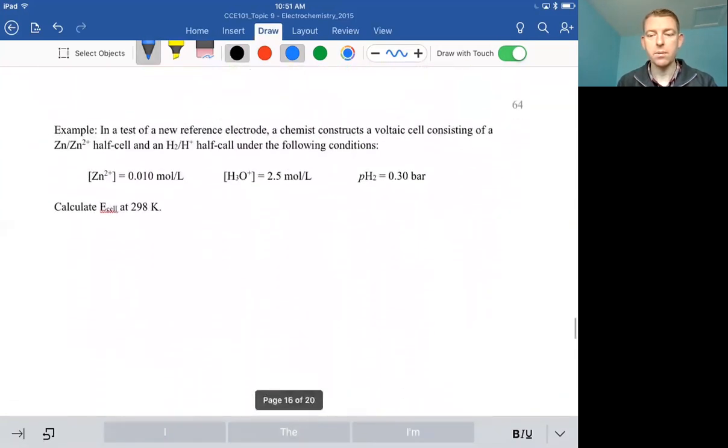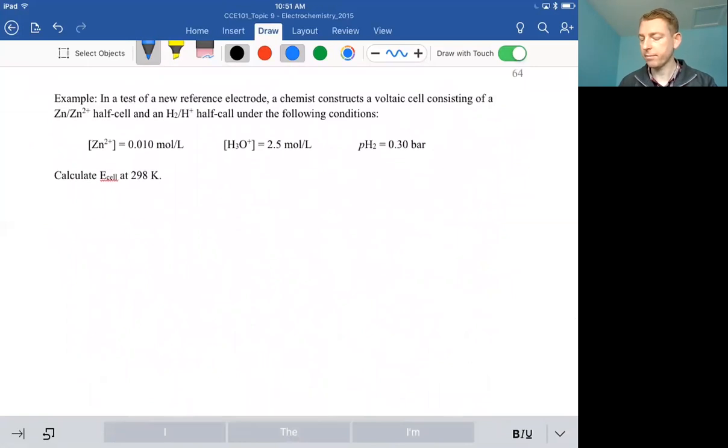So let's use this in an example. We have a test of a new reference electrode. So we're using the zinc half cell and the hydrogen half cell under the following conditions. We want to test the new reference electrode, so just make sure that we end up with the same value for the zinc standard reduction potential as we normally would. 0.76 is what we'd expect, right?